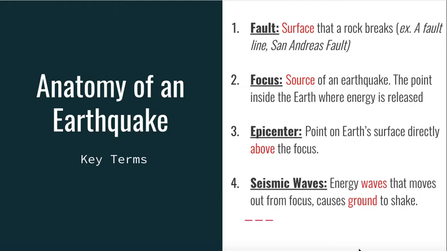That area that used to be flat is now opening up like a crack. A focus is the source of the earthquake, so it's inside the earth. So it's the point inside the earth where the energy is released. The epicenter is the point on the surface directly above the focus. Seismic waves are energy waves that move out in all directions, 360-degree directions, and they cause the earth to shake.